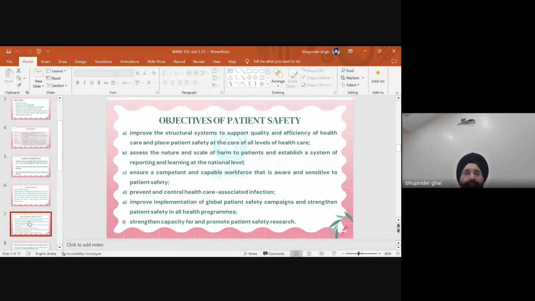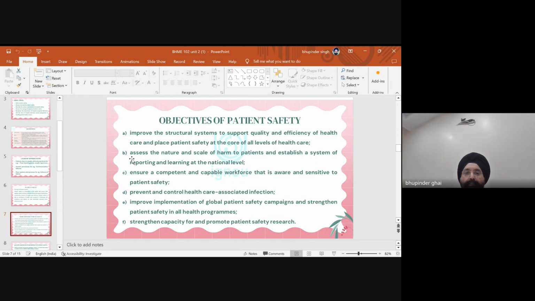Objective of patient safety. It improves the structural system to support quality and efficiency of healthcare and places patient safety at the core of all levels of healthcare.